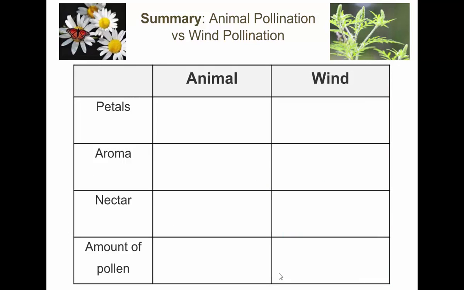All right, so this is our last slide to summarize the adaptations for wind pollination versus animal pollination. So in animal pollinated flowers, what are the petals like? Brightly colored? Big? What about the aroma?